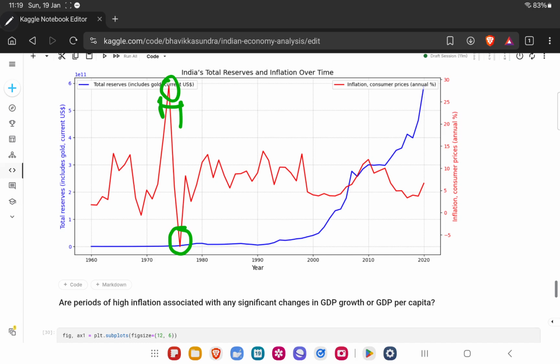We have to find which policy was implemented at that time, which situation caused inflation to shoot up, and which policy caused it to decline to the negative bottom, and then it comes back to this side. From 2000 to 2008 or so, the inflation rate is nearly constant, and from then on it started to increase.